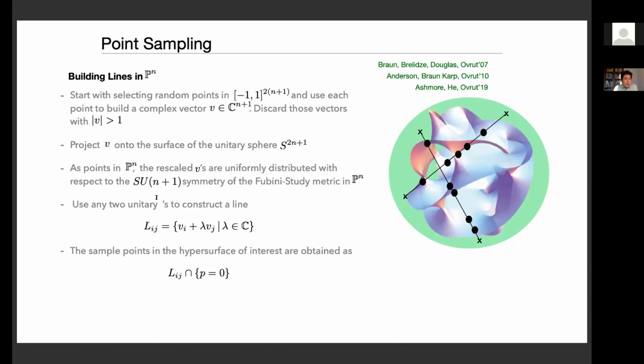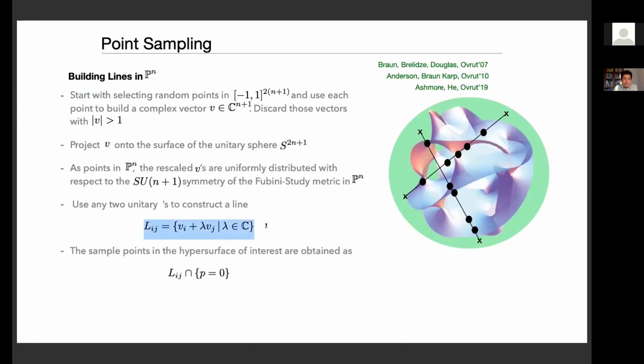And furthermore, we can use any two unitary vectors to construct a line in this projective space. So basically here, we just consider a parameter lambda. And this is, of course, the line that we obtained.